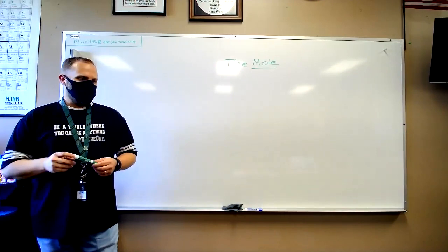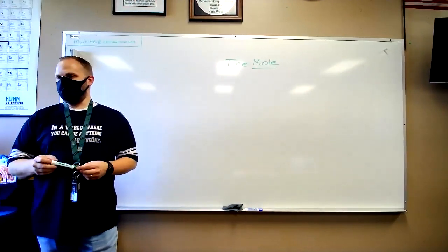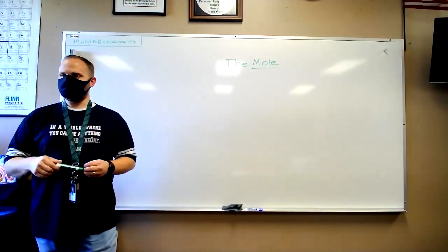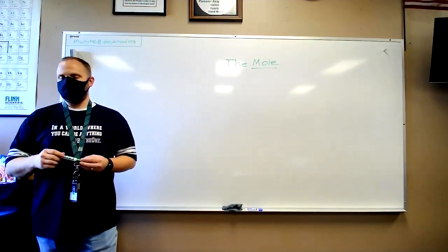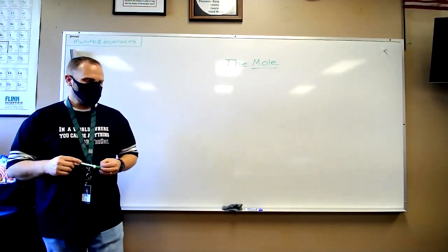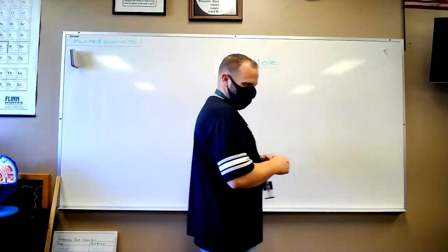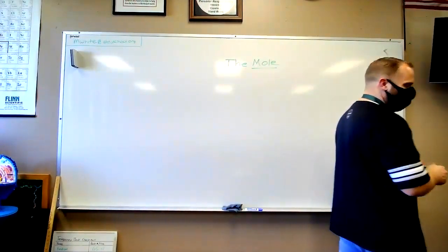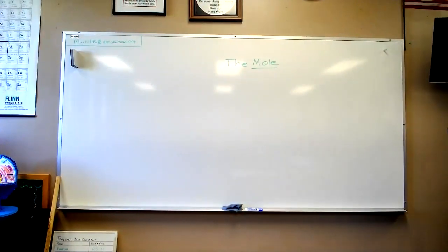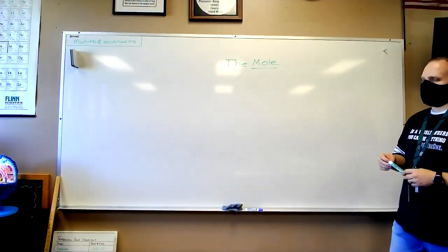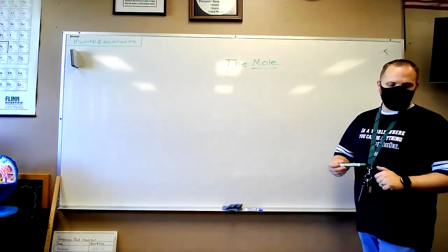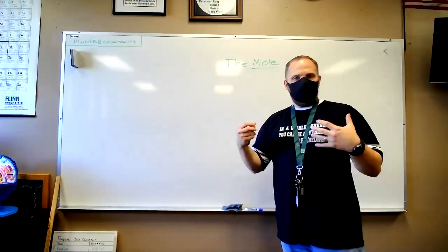Okay? I guess moles can also be discolorations on the skin, but anyway, still not chemistry. In chemistry, when we talk about the mole, we're talking about how much of some specific matter we have. The mole is a unit of measurement.